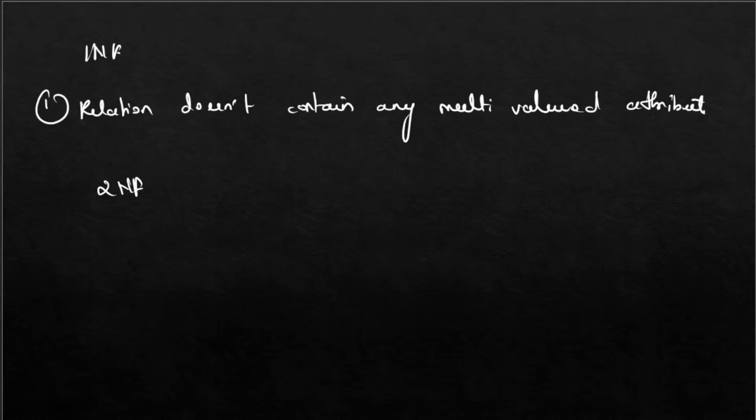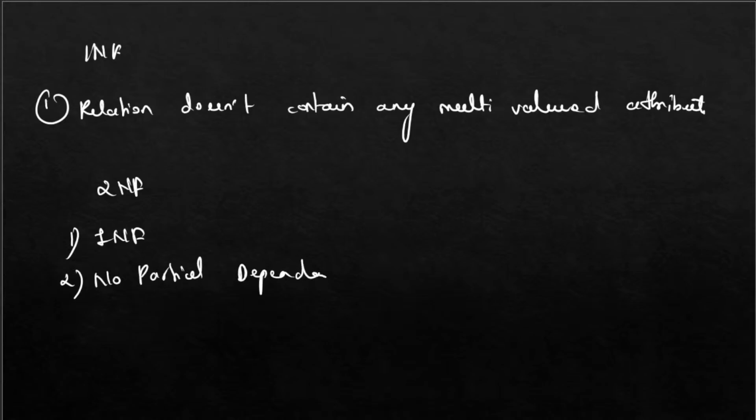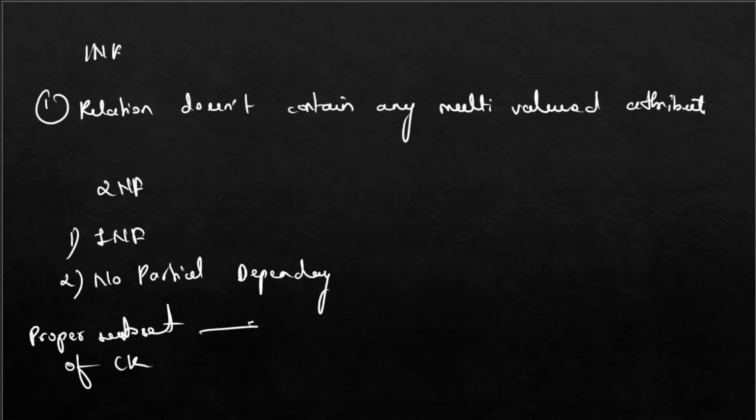First of all, it should be in 1NF. After that, no partial dependencies. Please study what is partial dependency, everyone. Here a proper subset of a candidate key should not derive a non-key attribute. Prime attribute and non-prime attribute also please know.